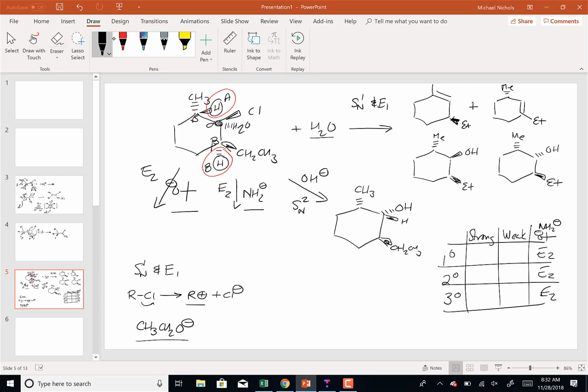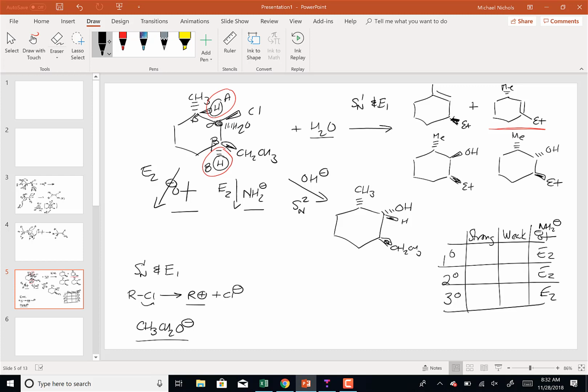And so that would lead to this product over here. That's going to be the product of whether I use tertiary butoxide or NH2 minus. That's going to be my major product.